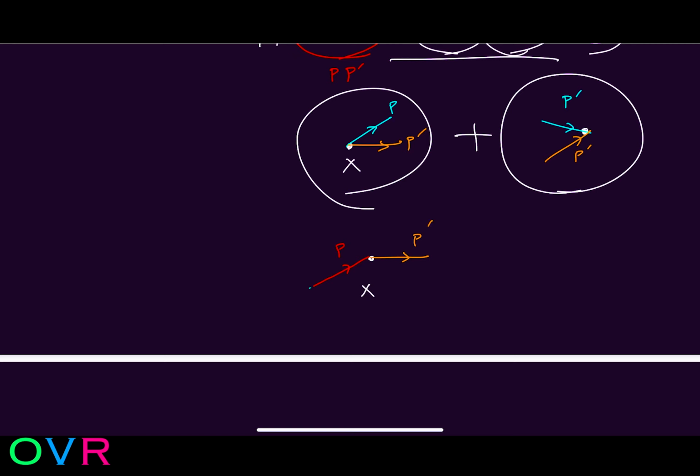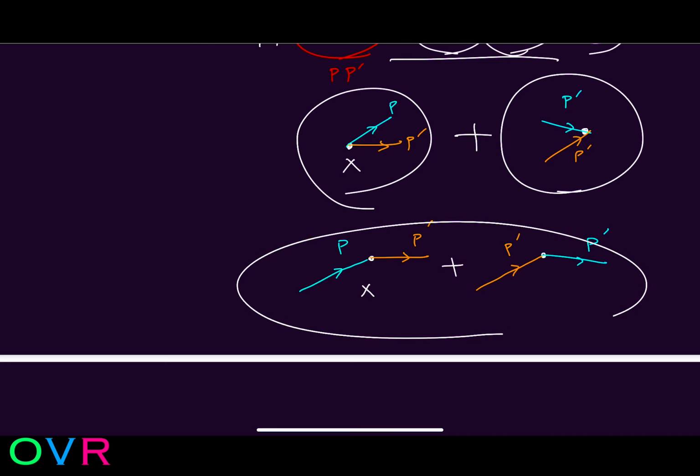The other term is the opposite. Then we add these 2. We're talking about propagators. These terms are responsible for just moving the particle from one point to another point.